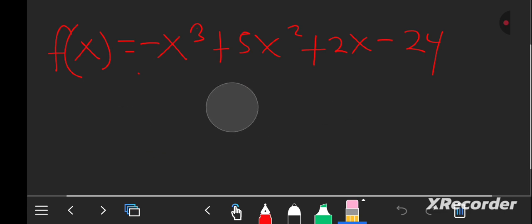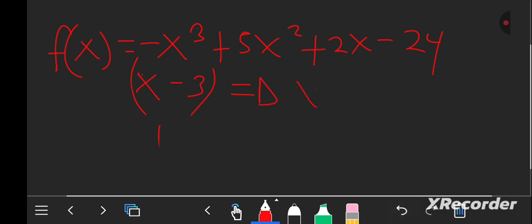Okay, so let's use synthetic. So you know that x minus 3 is a factor, meaning that x is equal to 3. That is the value of x. We can now use synthetic. You just draw a simple diagram like that.